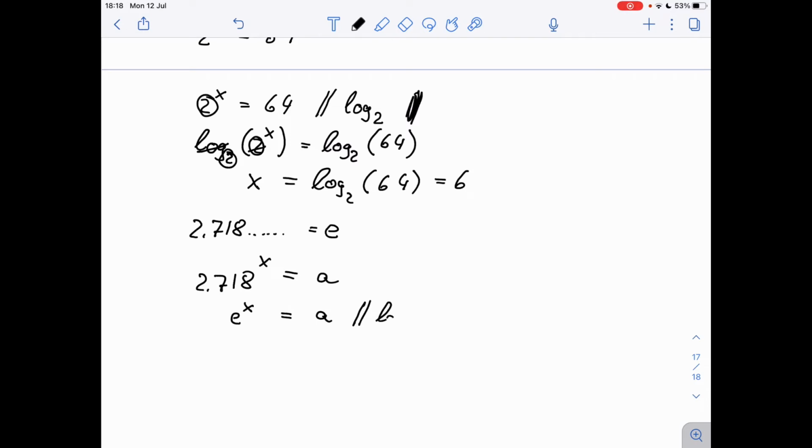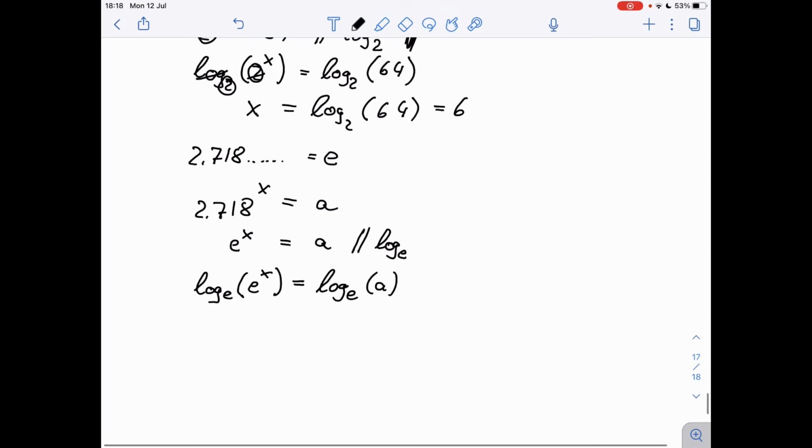So we take both sides log e. And what we get from that is log e of e to the power of x equals log e of a. And what we see here is that log e and e cancel out, so we have x equals log e of a.